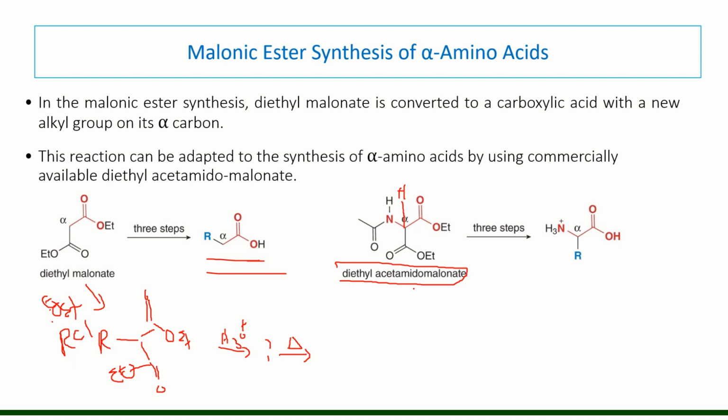So you deprotonate that and form your enolate, and then the species that is realized. So this is the alkylation.